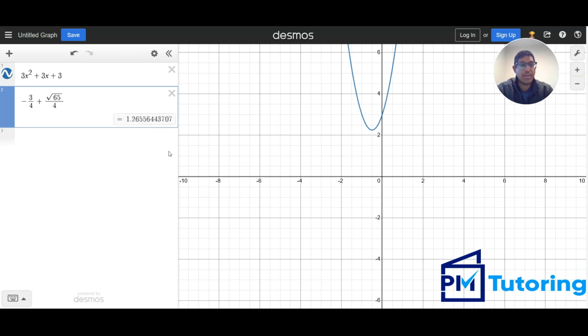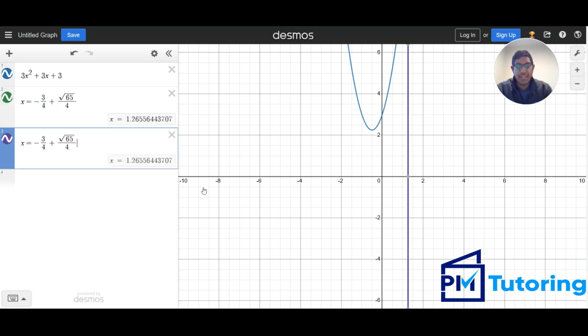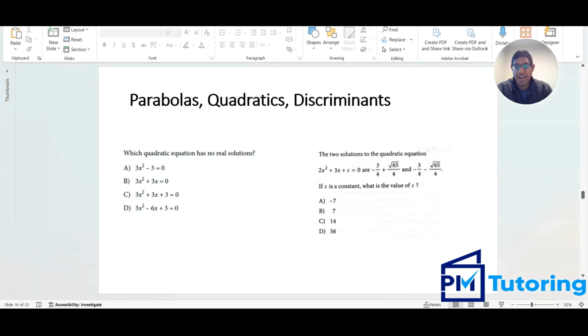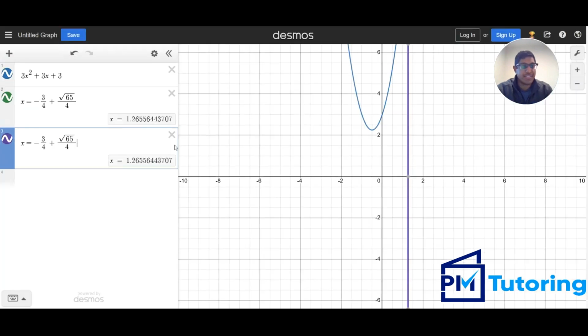All right, so that's 1.255, and we could just make this x equals that so that we have a vertical line there to make it easier to visualize. And then we could do another one. So again, this will just mark where our x-intercepts are, and that's just going to be the same thing, but negative over here. So we're going to get rid of that plus, make that a minus.